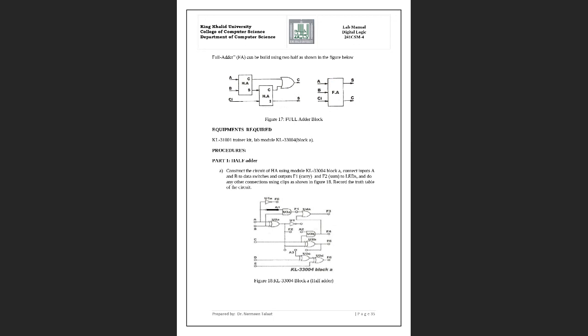Then this is C in, the carry in pin. Now here you will get the sum, and from here you will get the carry. In simple symbols, A, B, Ci, where Ci is nothing but carry in. If a carry is generated, that carry in is given here. So sum and carry. This is a full adder circuit.